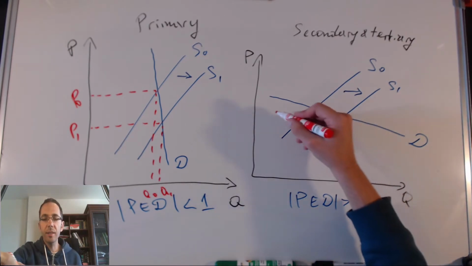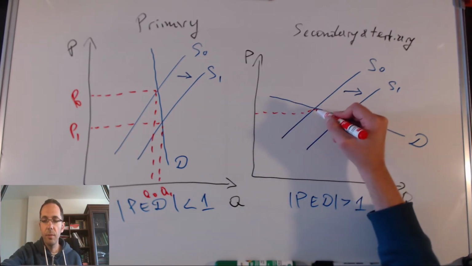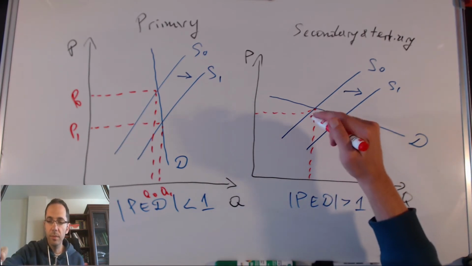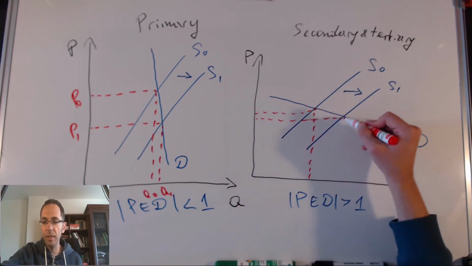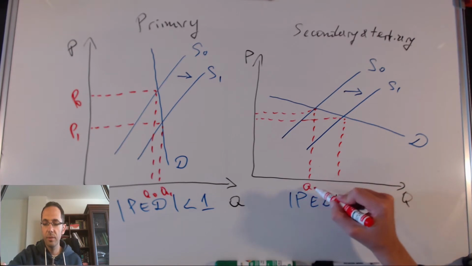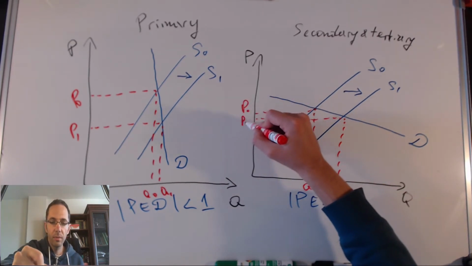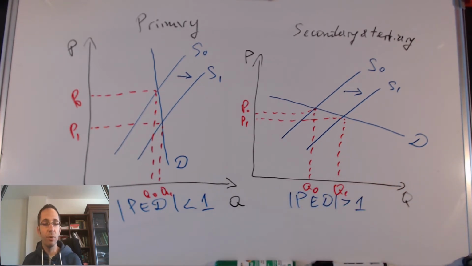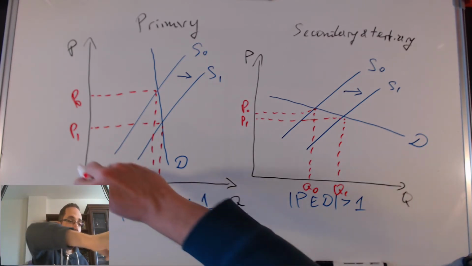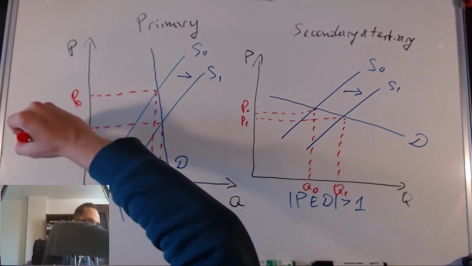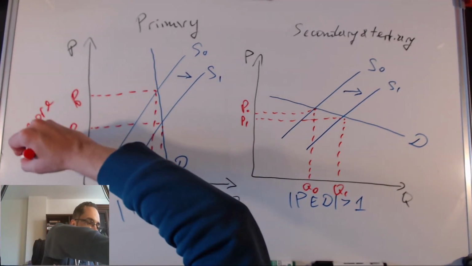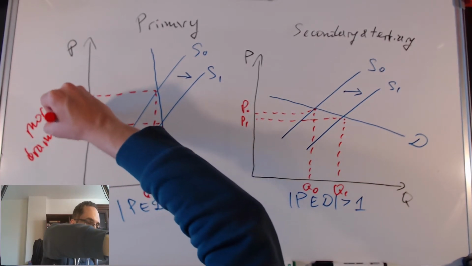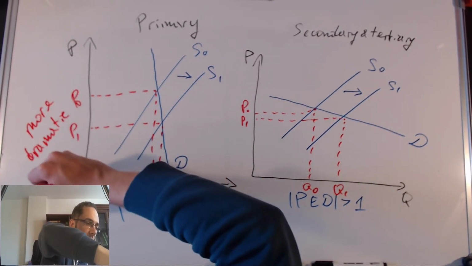When we look at the secondary and tertiary products, we are going to see a relatively small decline in the price level and a relatively large increase in the quantity. So this is the first difference that we automatically notice. Prices change over here more dramatically. So we have more dramatic price change.